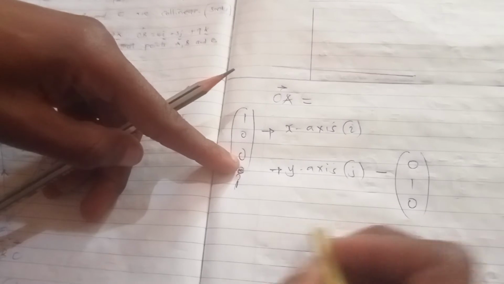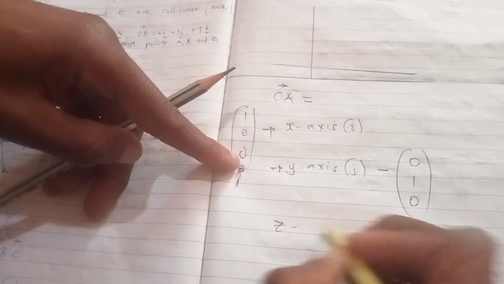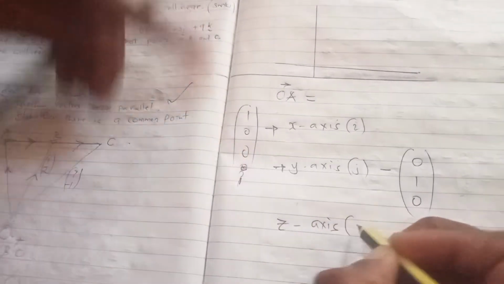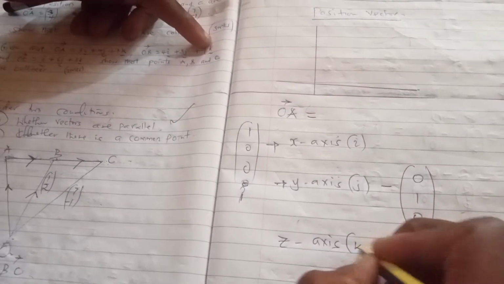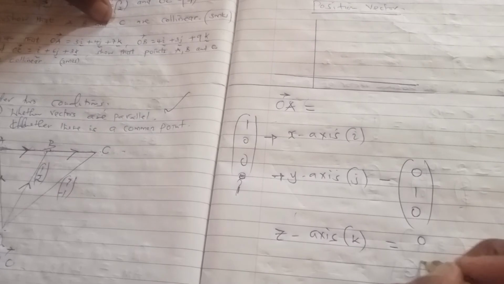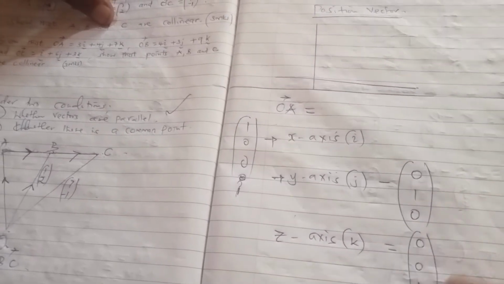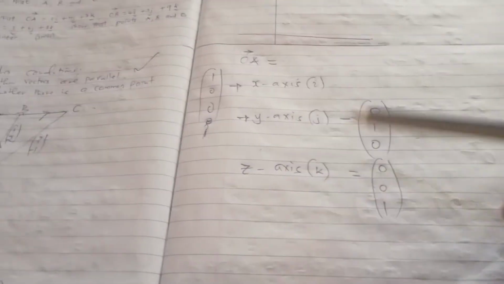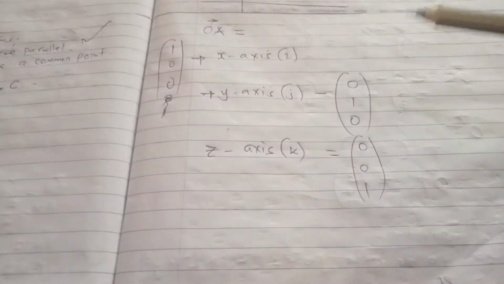And along the z-axis, which is normally denoted by k, is (0, 0, 1). This is just to remind you about the unit vectors.